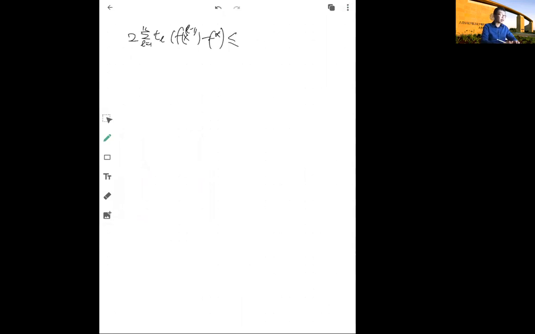And on the right hand side, by moving the k-th iterate to the right hand side, we get x0 minus x star square minus xk minus x star square. So notice that this is negative, so we can drop this term. And what remains is the additional sum of t_L square from L from 1 to k.